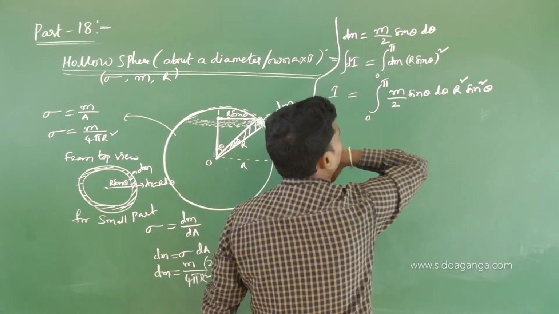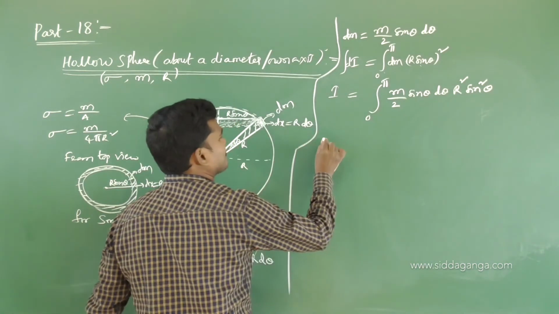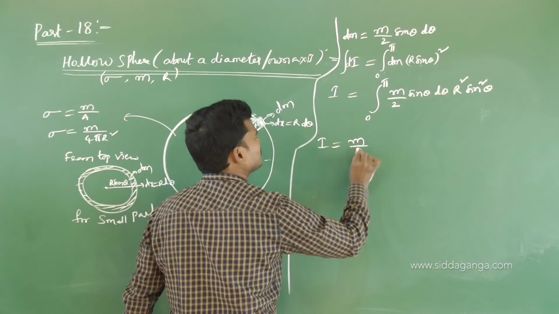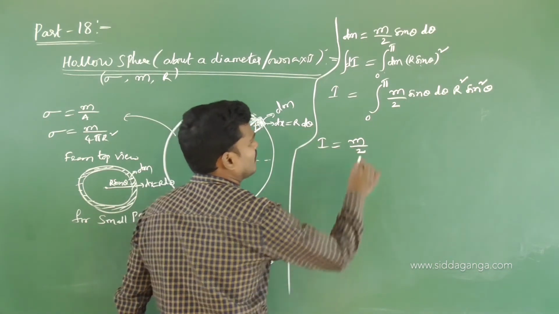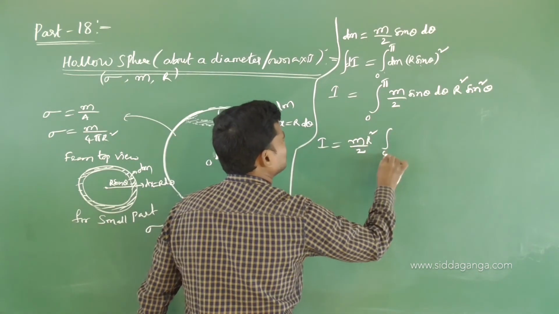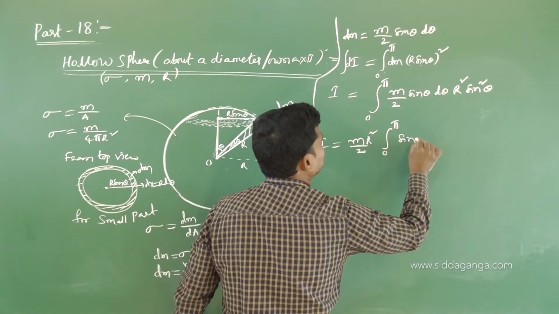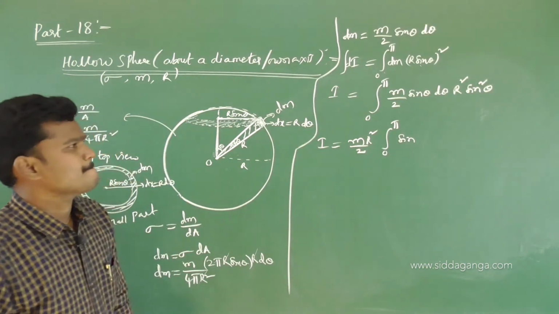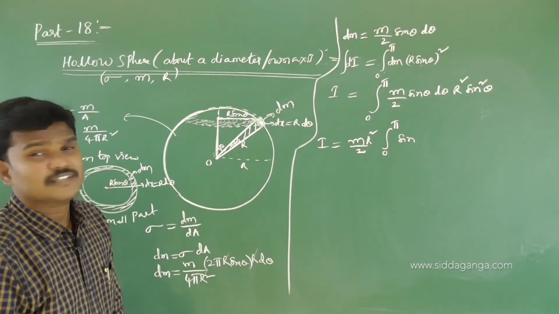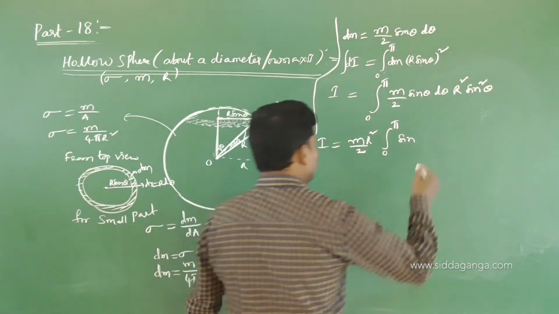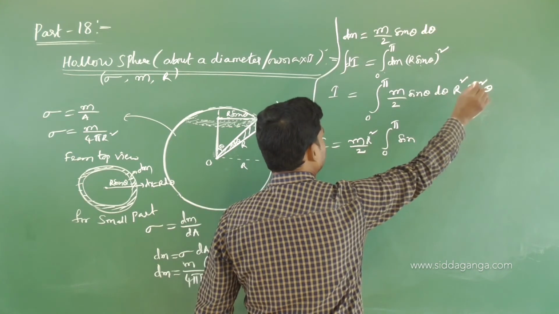No terms cancel here. I is equal to m by 2, you write outside, r square also outside, integral from 0 to pi of sine cube theta d theta. So you are getting sine theta, sine square theta.